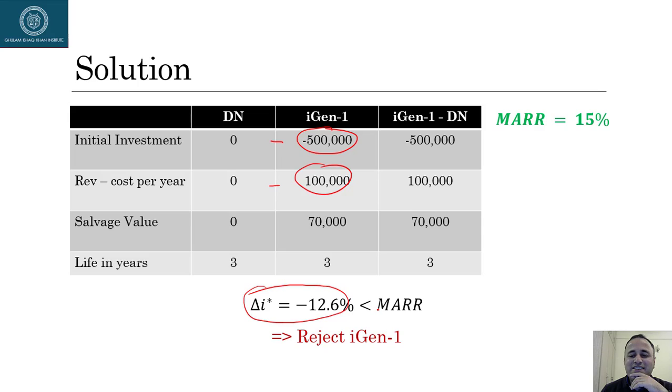So since it is less than MARR, we reject project iGen 1. It's not worth buying this kind of printer. So do nothing is selected for the next round. In the first round, the winner is do nothing.